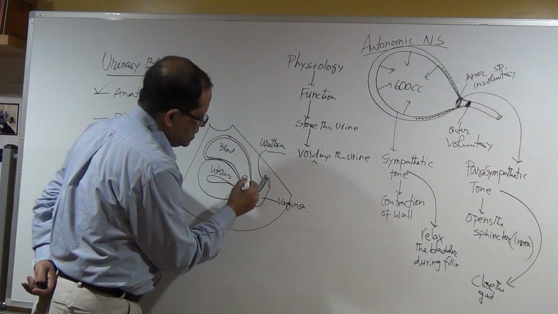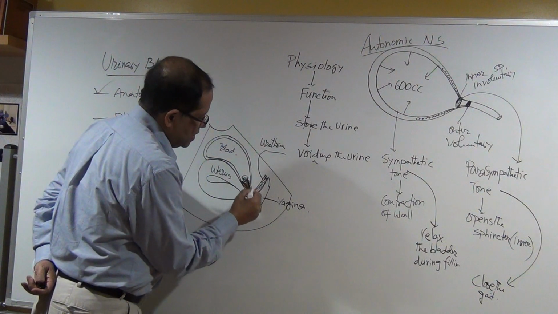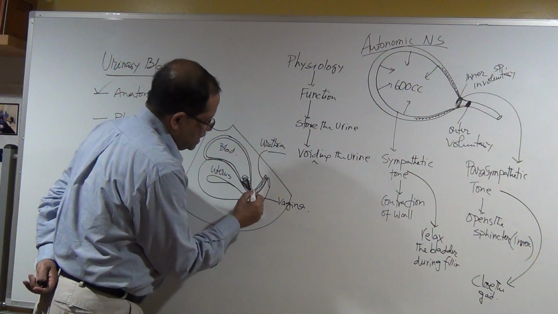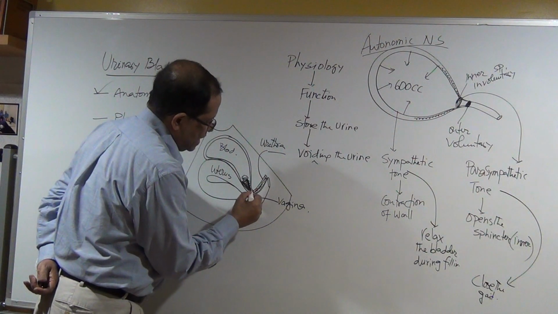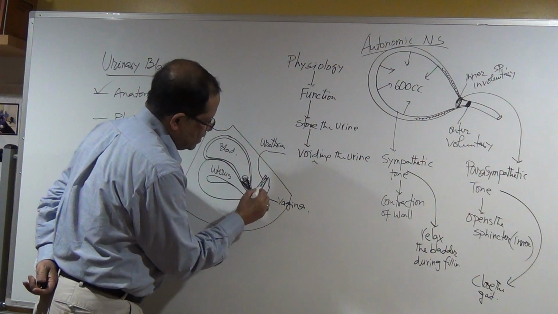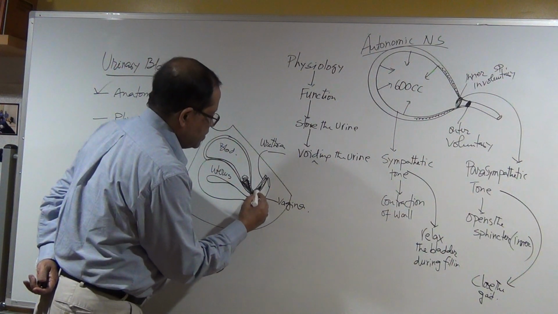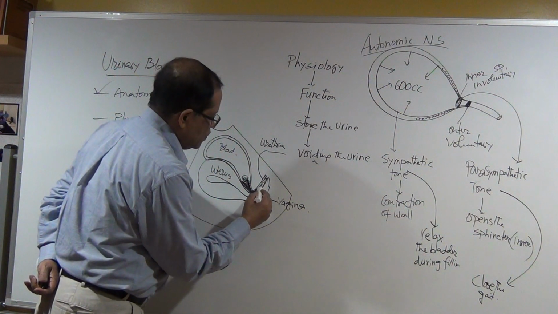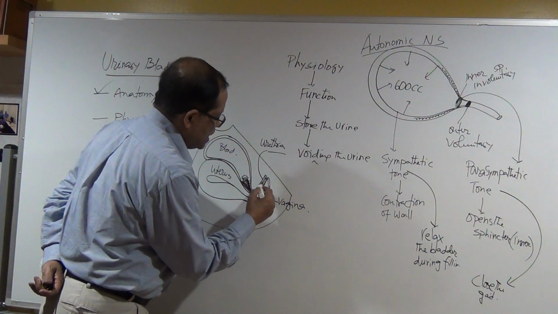The water, so an anechoic area. Then if you see the urethra is getting open and closed again and again. Urethra is getting one time open, one time closed, constantly.